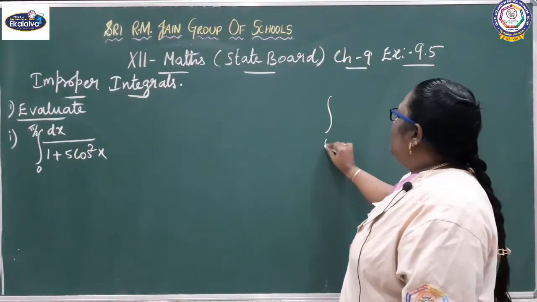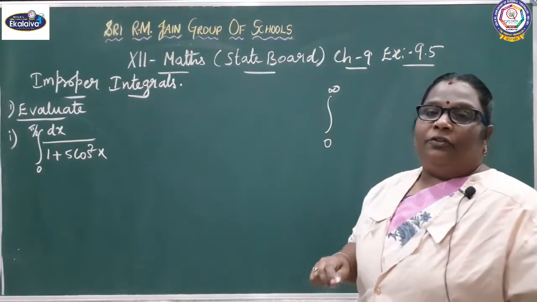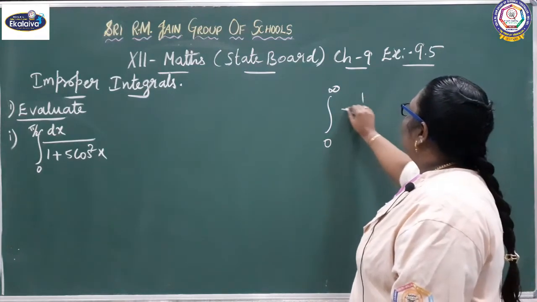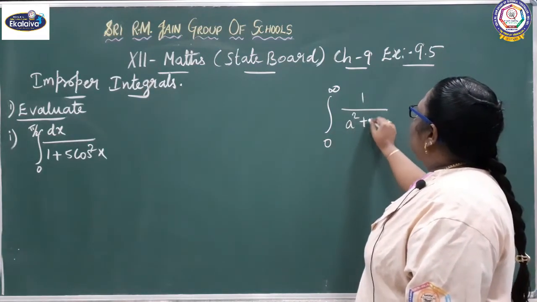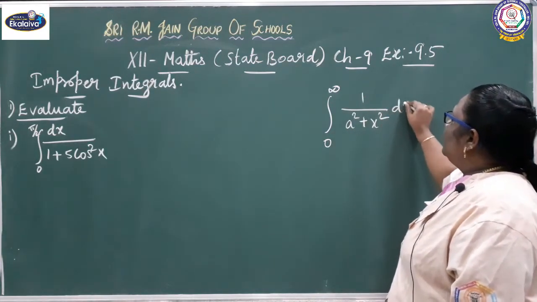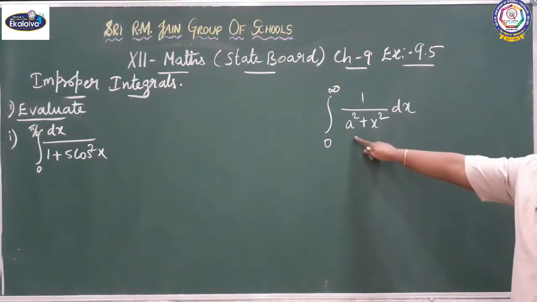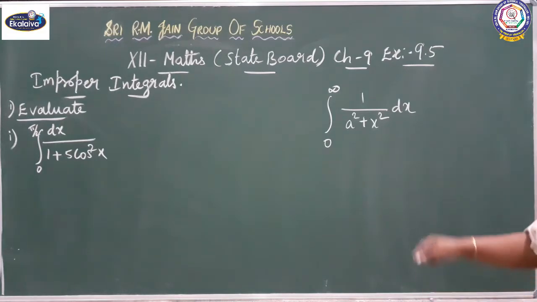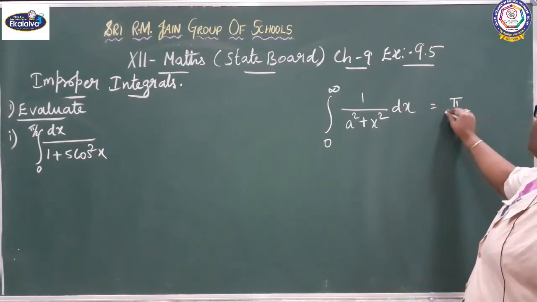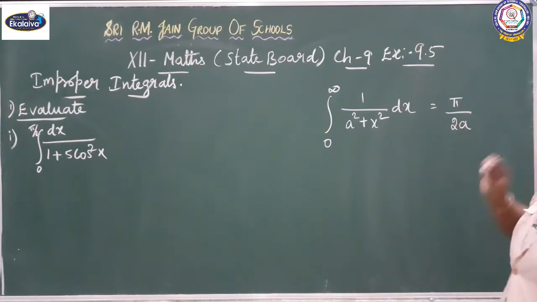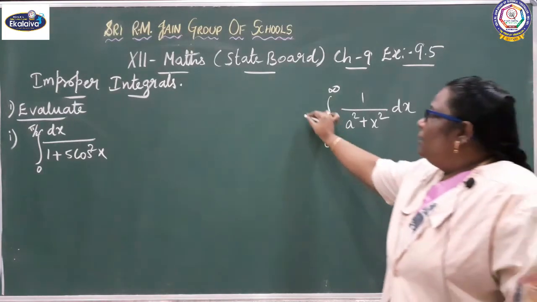See, integral 0 to infinity 1 by a square plus x square into dx equals pi by 2a.